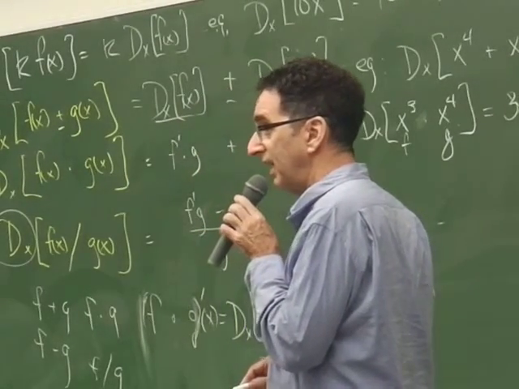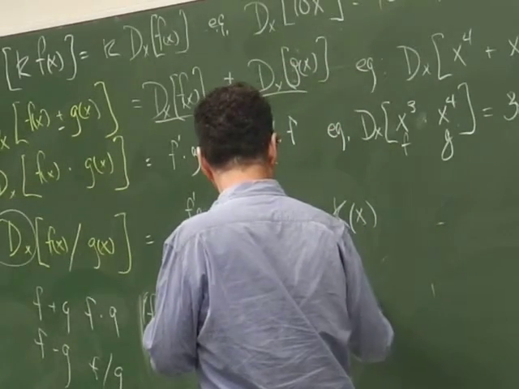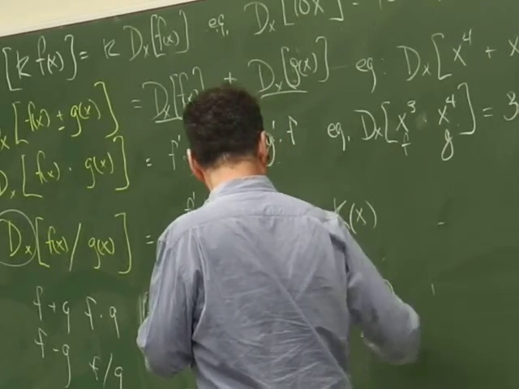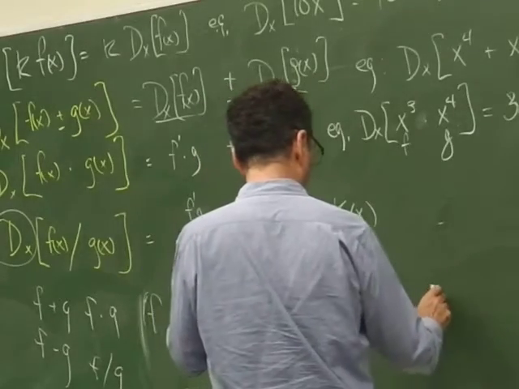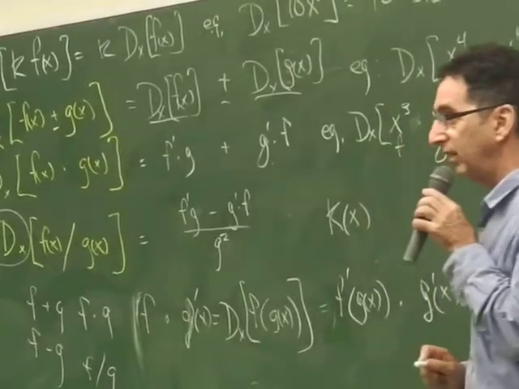I just had it at the end of the last class, and the rule was this: f prime of g times g prime of x, like that.